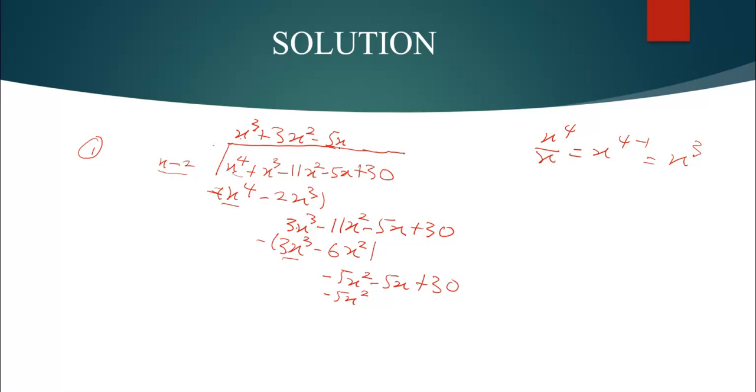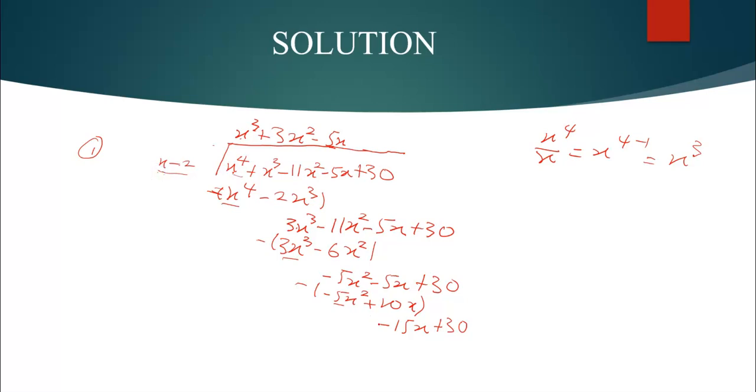Let's say minus 5x times minus 2, which will give us plus 10x. You subtract again, this will give us 0. We are having minus 5x minus 10x, which will give us minus 15x. Then you bring down the last term, which is 30, the constant.